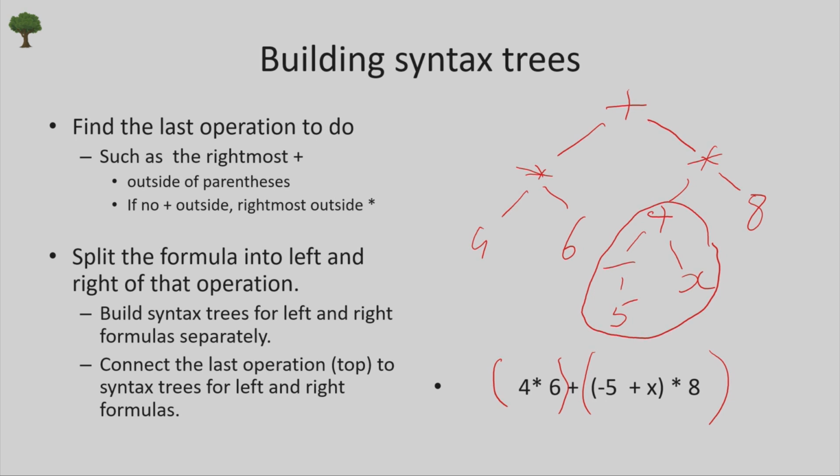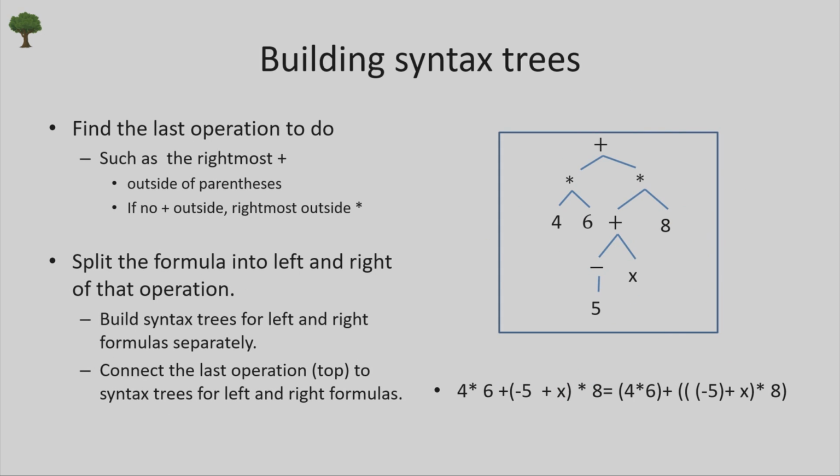This is what parentheses tell me. But really, once I figure that out, I don't need them anymore. And here is the final answer, and here is how you would write the formula if you were to show this to somebody who doesn't quite know which way the operations go, so you put parentheses everywhere.